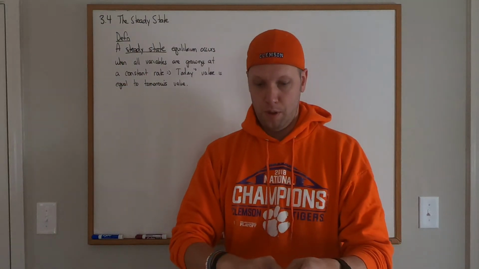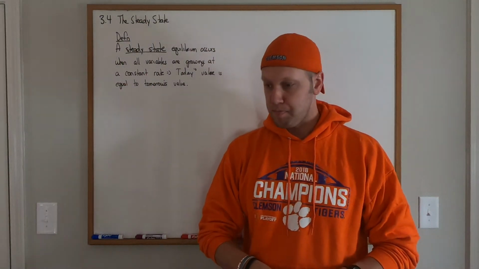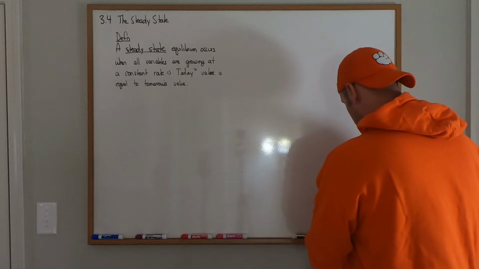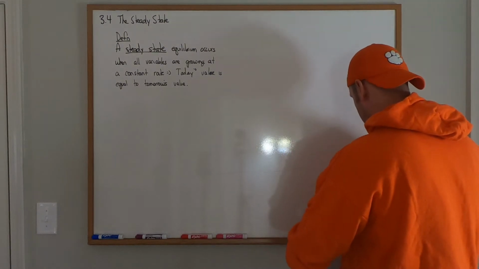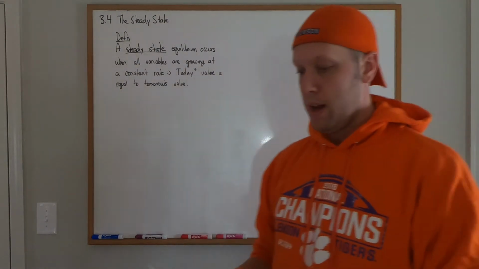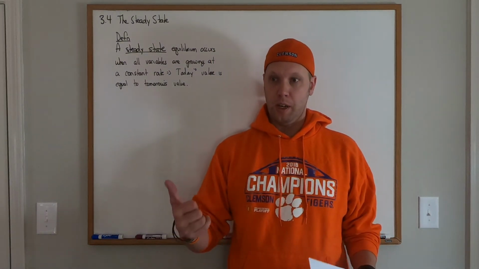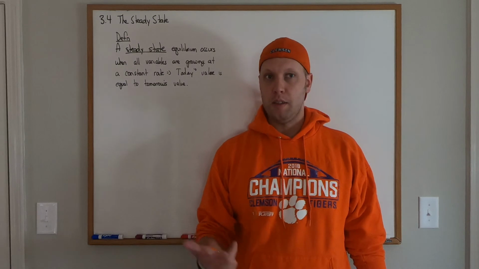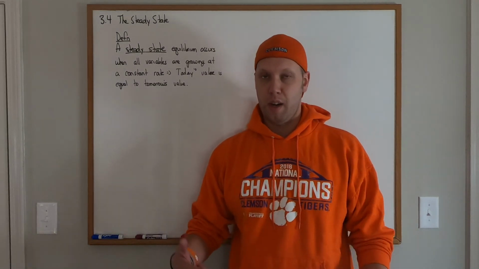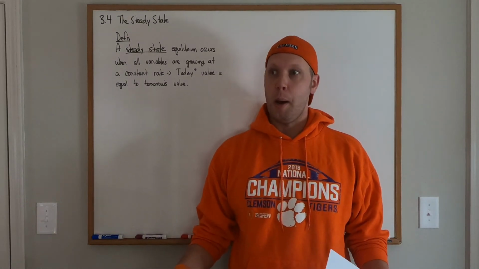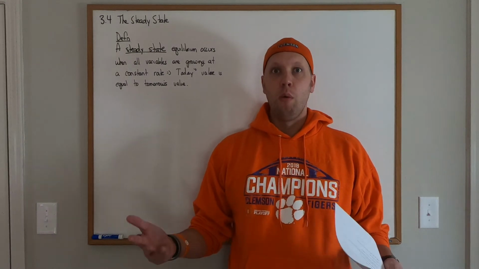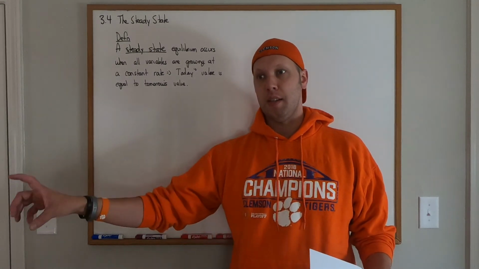So what does that mean for the Solow model? Well, what it means is we are going to want to find a way to solve this model where all of the dynamic variables, so we're looking at capital, consumption, investment, which is really defined by the flow of capital over time, output, we want all of those things to be in a steady state.